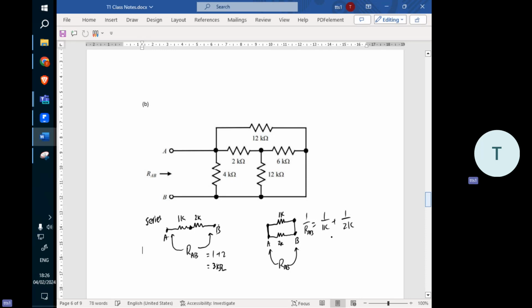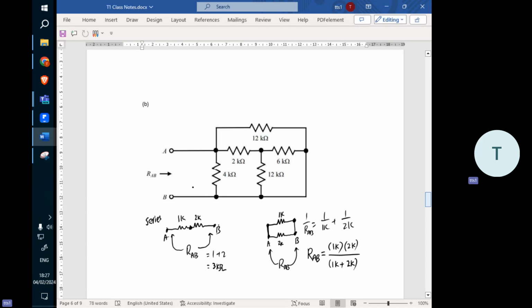This uses reciprocal values. The quick way to calculate for two components, the easiest way I often use, is to multiply 1K by 2K on the top, and at the bottom is 1K plus 2K. Go through this one, simplify it until you find the last RAB.